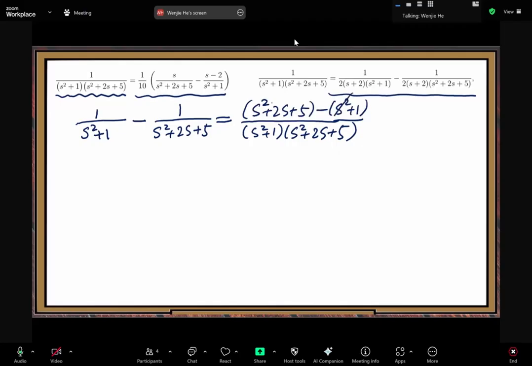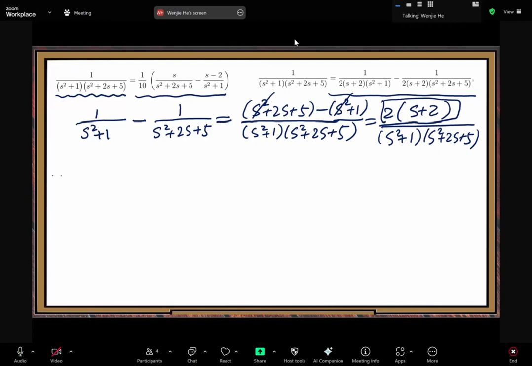Cancel out. So 2 times s plus 2. All right, so you have a factor like that. Then we do division by that factor, right?